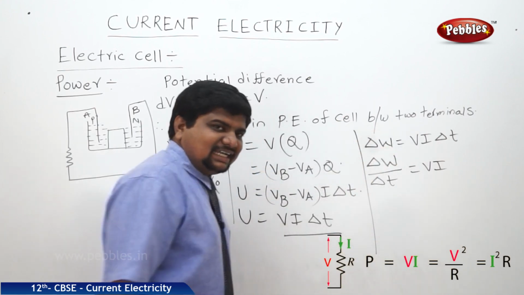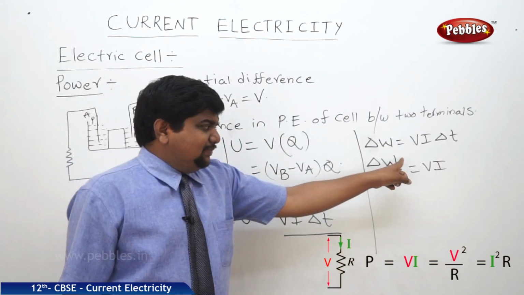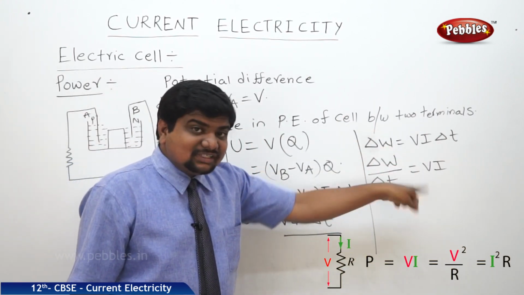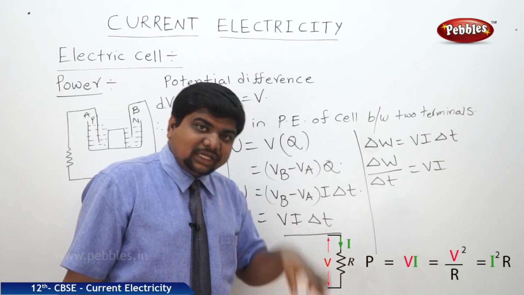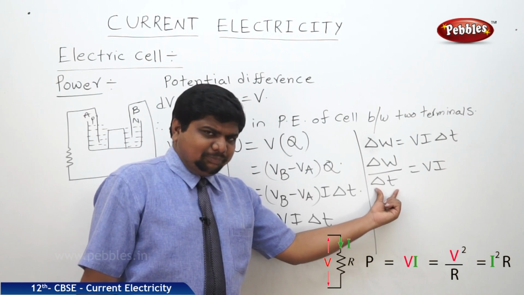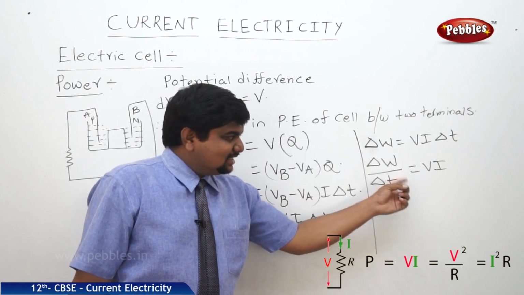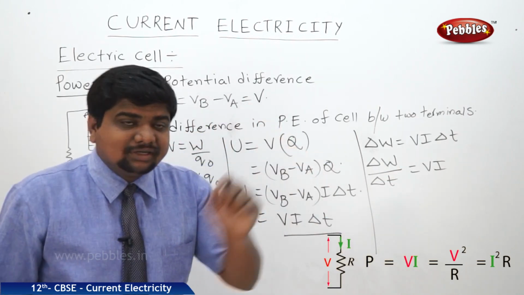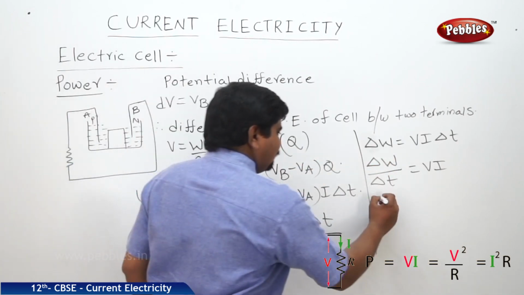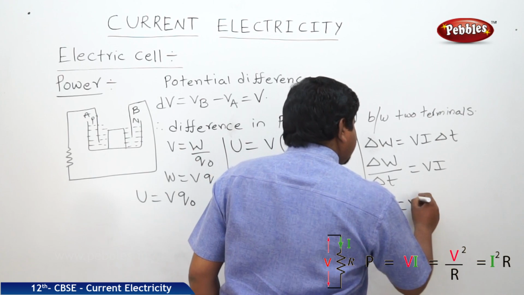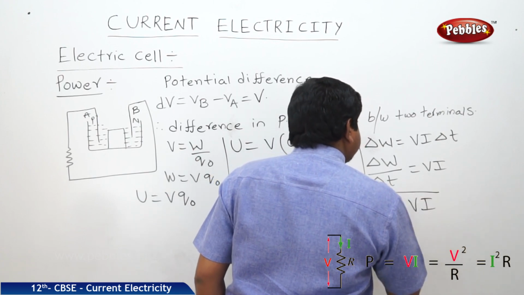The work done per unit time, the amount of work done to transfer the charges from one electrode to the other, mostly P to N, in unit time is governed by the power. The work done per unit time is nothing but the power. Therefore, power is equal to VI.